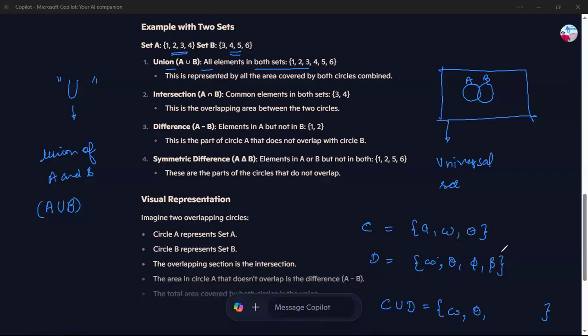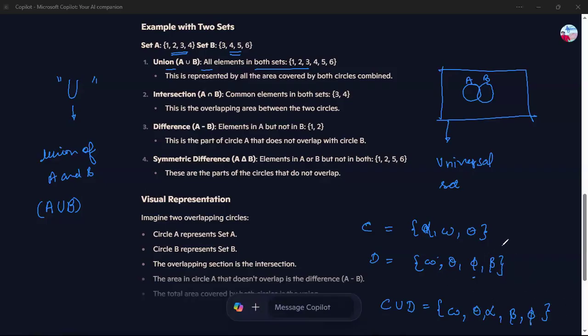When we are taking the union of sets, we have to utilize all the information and combine both. Then alpha, phi, and beta. So omega, theta, and alpha, beta, and phi too.